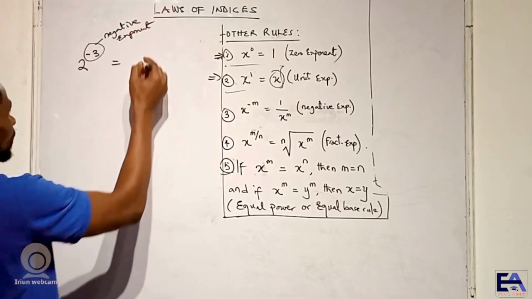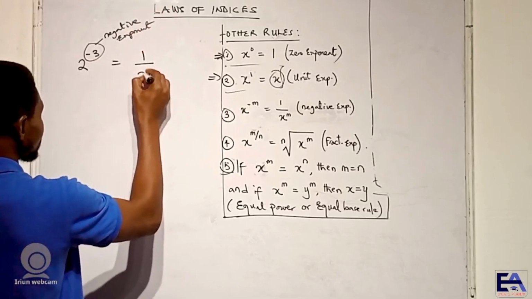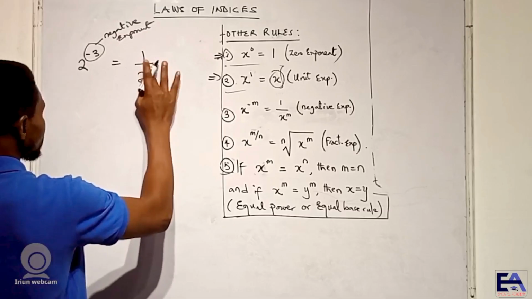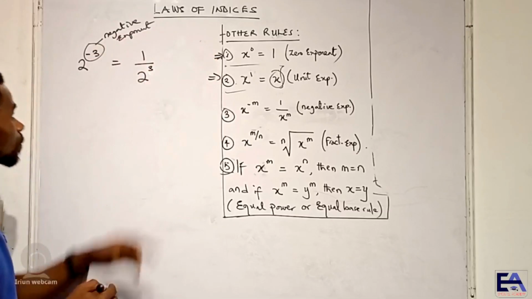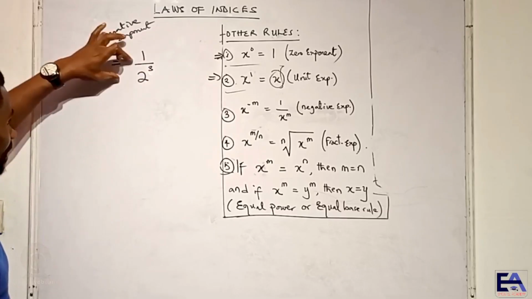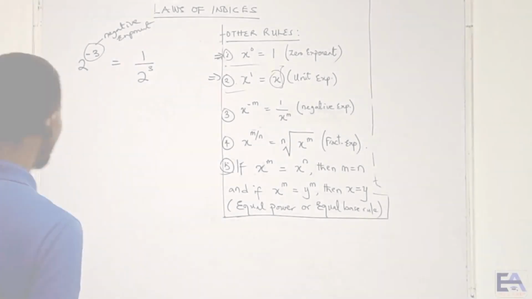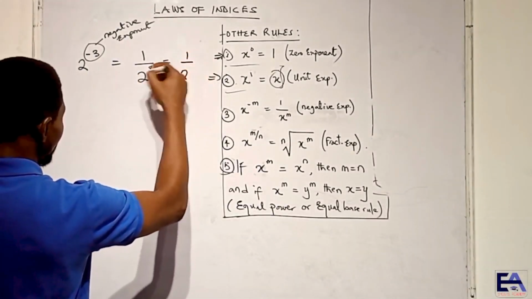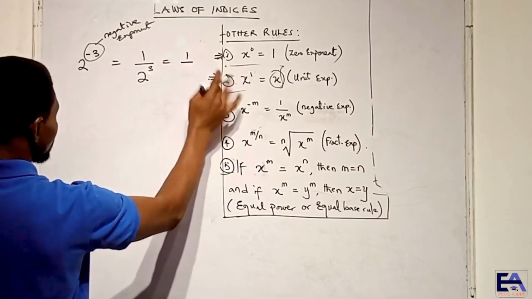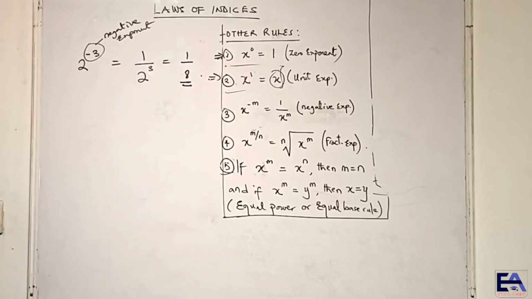Whenever we have a negative exponent, it's going to result in 1 over the base multiplied by that power. Which means that we remove the negative exponent and have this. I'm going to explain to you how this came to be. So the final answer here would be 1 over 2 raised to power 3, that's 1 over 8. And that is it for that.